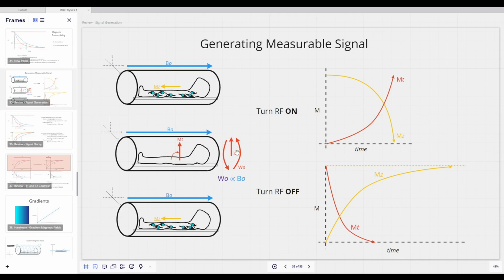And the other thing we're going to do is let this RF pulse spin at some frequency. And if we match the frequency of our RF pulse to the frequency of the protons in the patient, then by the property of resonance, we'll get efficient energy transfer and we'll be able to move our vector up into this transverse plane.